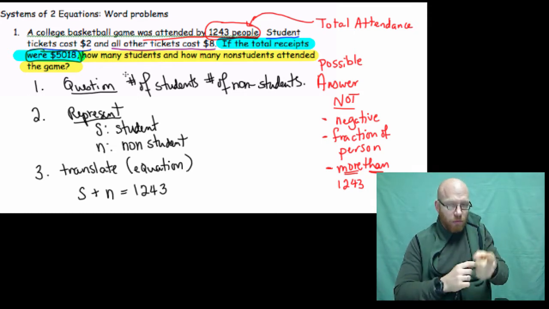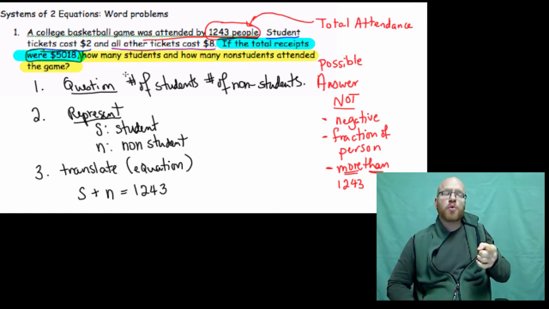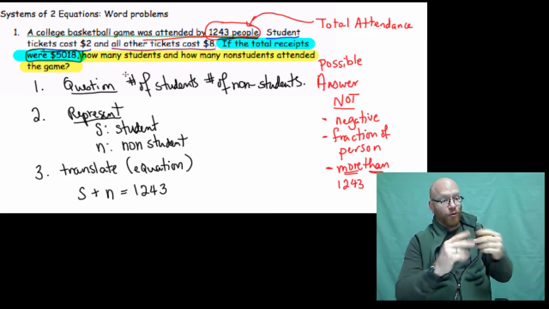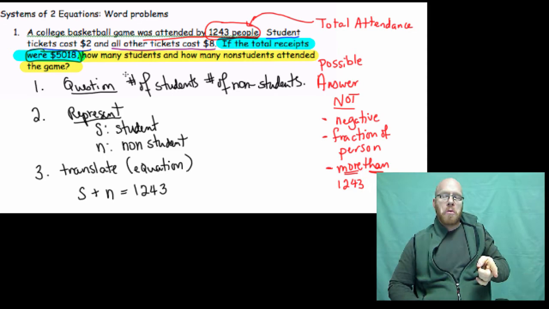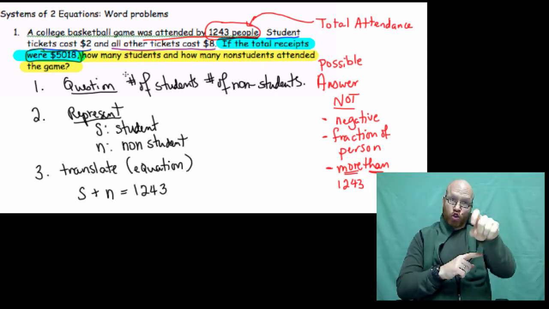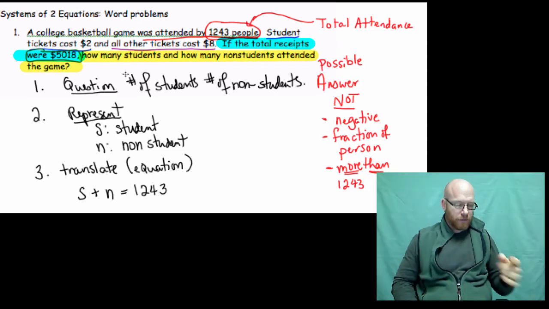Now, how about for general admission? They cost $8. So it'd be 8 times the number of non-students would equal all the ticket sales from non-student people. Now, our total sales should be $5,018.